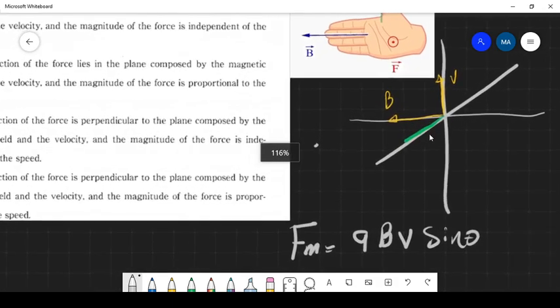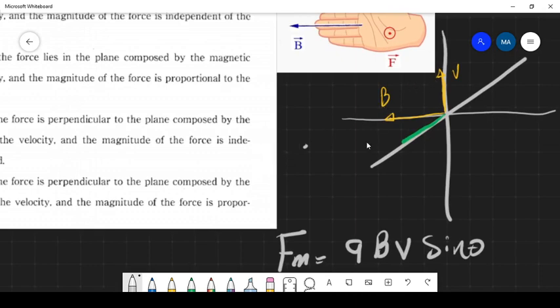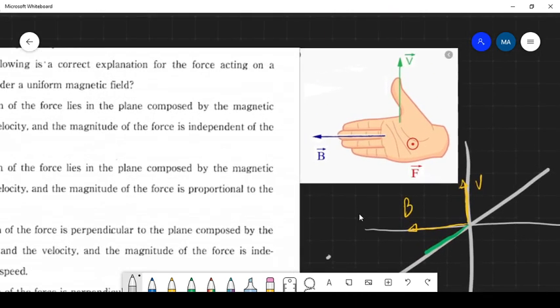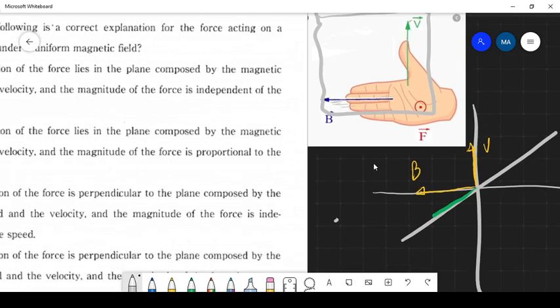So this is a plane, your screen over here. You will have V upwards, B here, and then F is perpendicular to them. V and B make a plane, and then you will have the force going outside or inside, but in a way that it is perpendicular to the plane that V and B are making. So it needs to be this way.